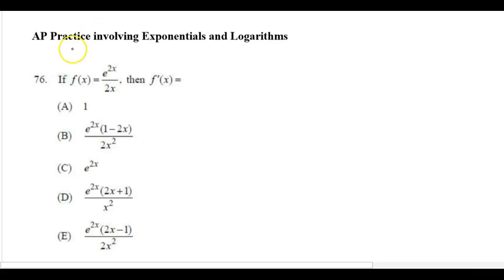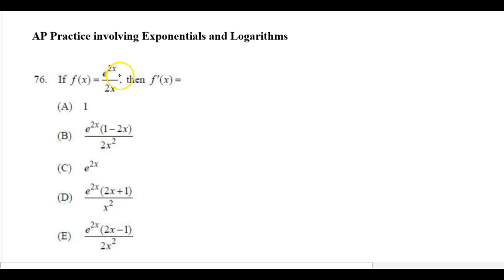Alright, now we're going to look at some AP practice that involves exponentials and logs derivatives. So in this one, I have f of x equals e to the 2x over 2x, so divided by 2x. Then f prime of x equals, so I'm being asked to find the derivative, and I have a quotient. Now, whenever I have a quotient, I can definitely use the quotient rule.